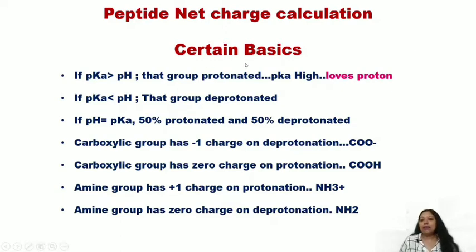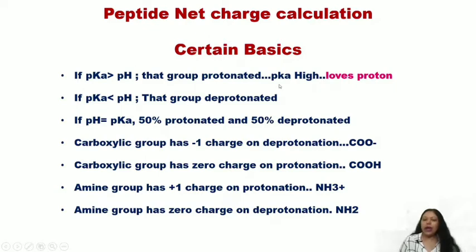There are certain basics you need to know before going to the calculation, and these are pKa and pH values. There is a relation between pKa and pH which corresponds to the net charge of the group.